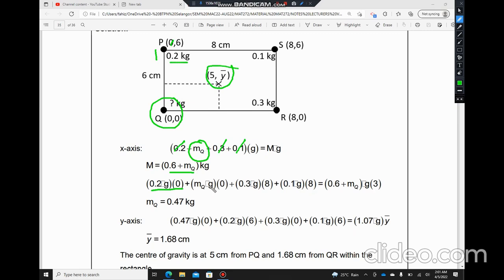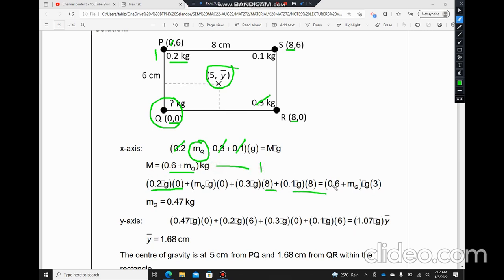So we get this. Next 0.3G multiply by 8, the M is 0.3, multiply by 8 because the distance for the X axis is 8, between 0 and 8. So distance is 8, and then the last one 0.1 kg for S multiply by 8, because its X position is 8.